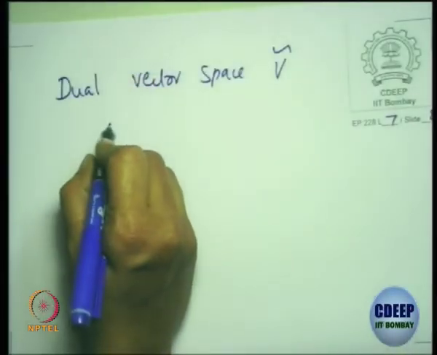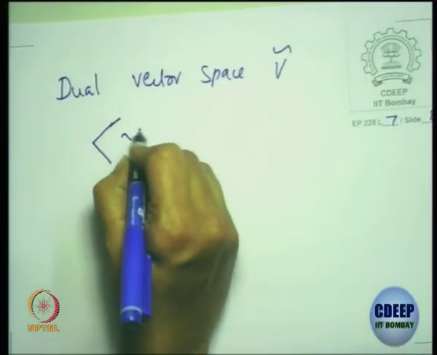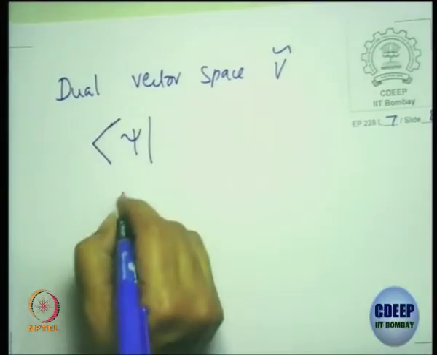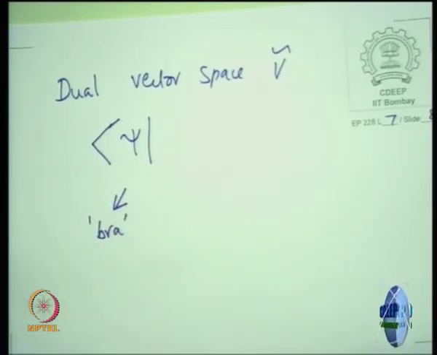But in general, a dual vector space will be different from your original vector space, where we denote states by a different angular bracket. This is called a bra. Dirac introduced this notation, and we all universally follow it.